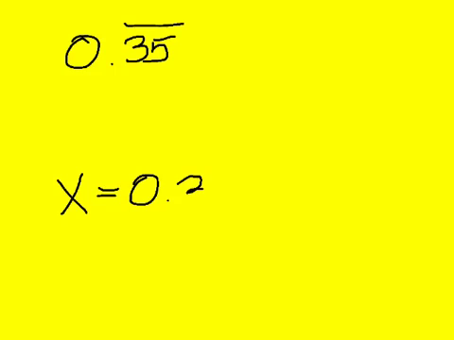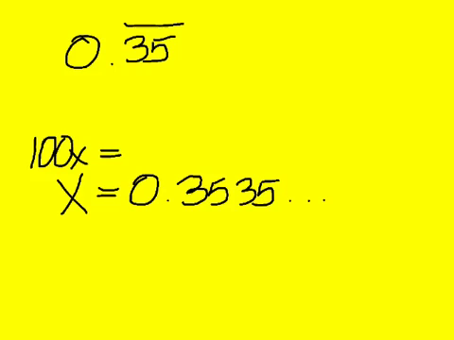Example number 3. 0.35 repeating. How many digits repeat in this decimal? 2. So we still start with x equals 0.3535. But instead of multiplying by 10, we multiply by what? 100. So if I multiply by 100, what is my new decimal? 35.3535.